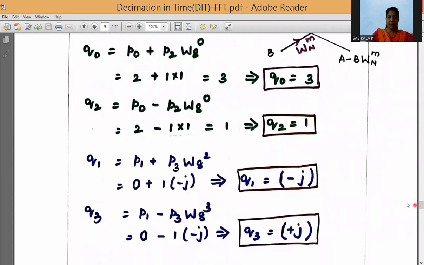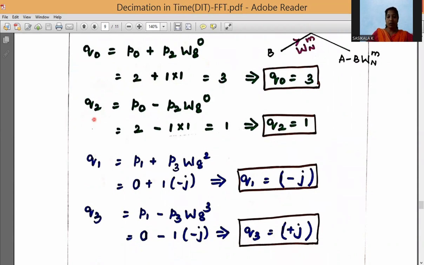So in this 4-point calculation, P naught and P2 are the inputs. So the first output is Q naught, which is equal to the first input P naught plus the second input P2 into W8 power 0. So P naught's value is 2, P2's value is 1. So 2 plus 1 into 1, 3.